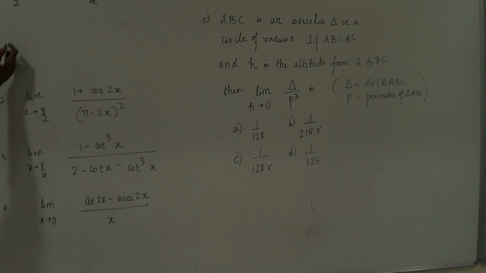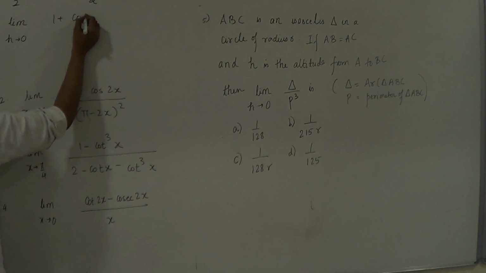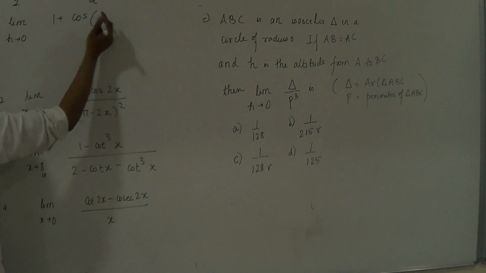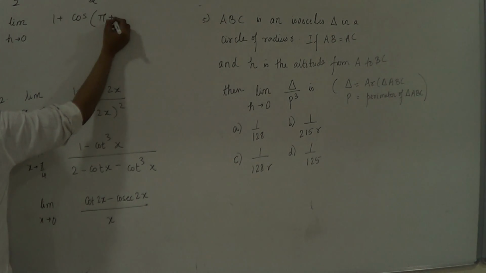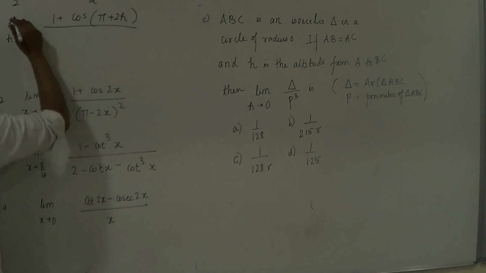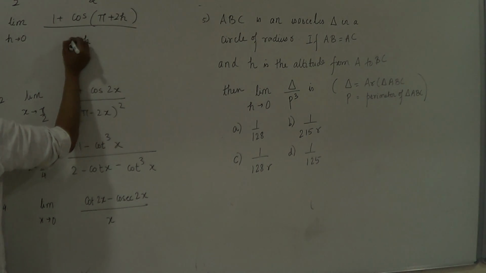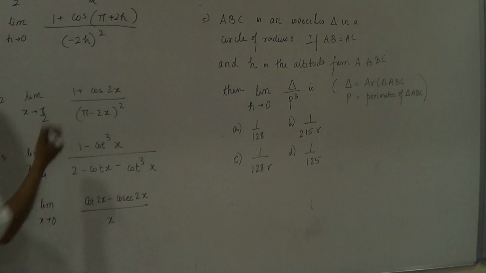What is the third one? Wait. I'm getting 3 by 4. So cos 2x will be what? Pi plus 2h, correct? And this will be 2h squared. That's what I'm doing. 3 by 4.